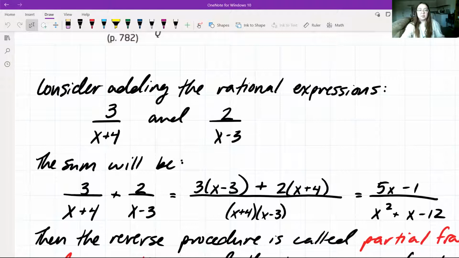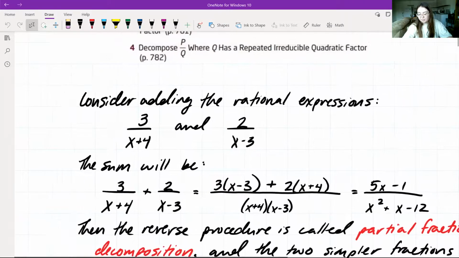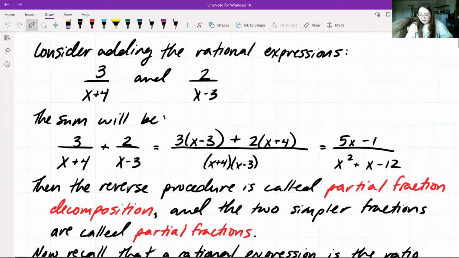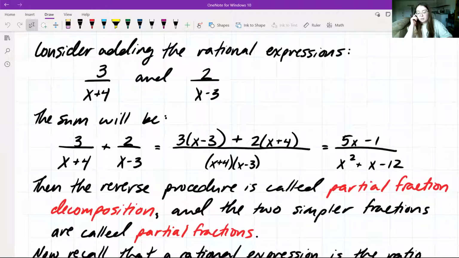Then we would get that both terms would have the same denominator, and then you could go ahead and add them. When you do, that would look something like 3 times x minus 3 plus 2 times x plus 4 all over x plus 4 times x minus 3. And when we add that, we would end up getting 5x minus 1 divided by x squared plus x minus 12.